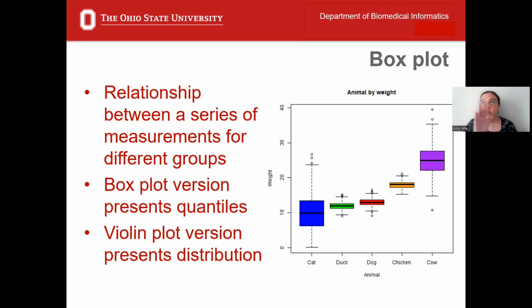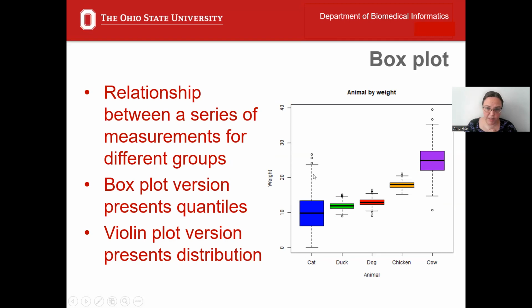Okay, so we've done histograms, scatter plots, and bar plots. So now we're going to look at box plots. A box plot will show the relationship between measurements across groups and also give you an idea of the quantiles in each one of those groups.